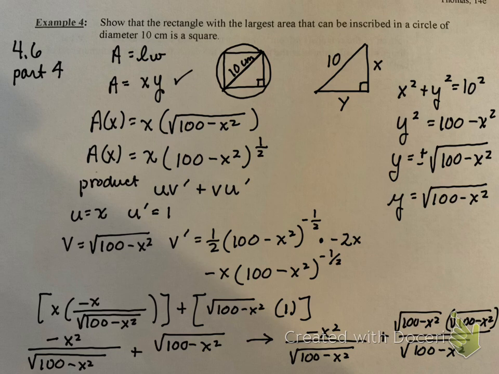So I get negative x squared in the numerator, and then taking the square root of 100 minus x squared times another square root of 100 minus x squared gives me 100 minus x squared. And this is going to be over the square root of 100 minus x squared.